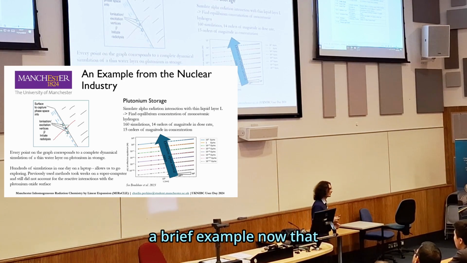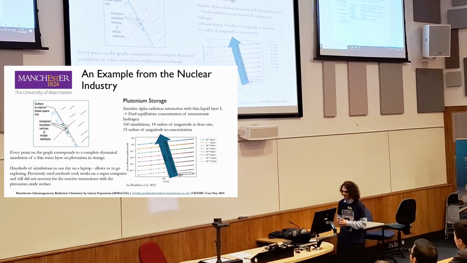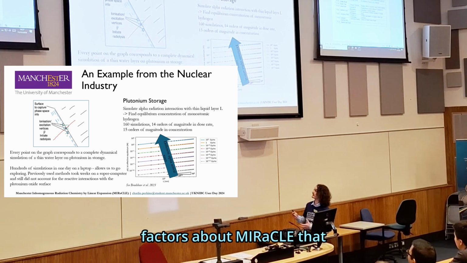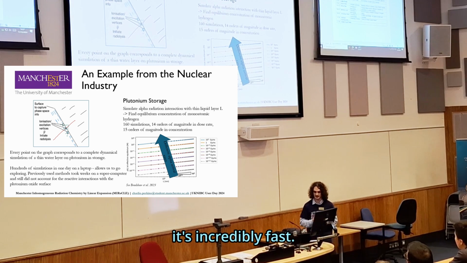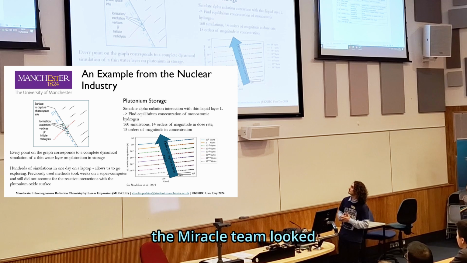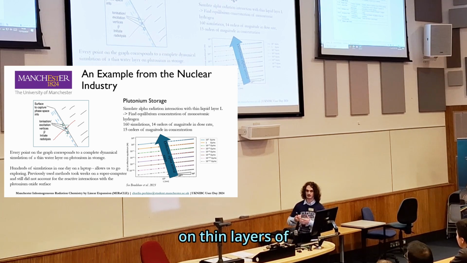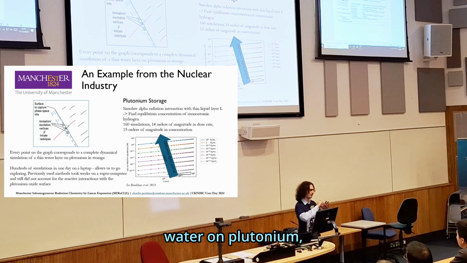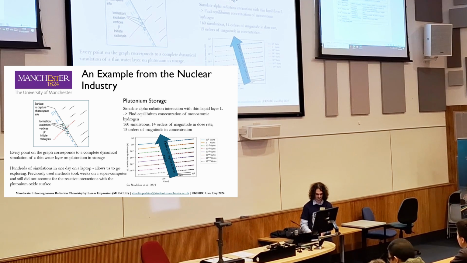So I'll just go over a brief example that was done last year in the nuclear industry. One of the key factors about MIRaCLE is that it's incredibly fast. In this setup, the MIRaCLE team looked at water radiolysis on thin layers of water on plutonium storage.